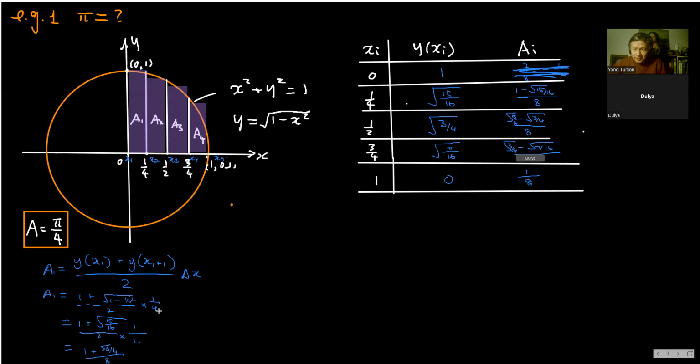Oh, yes, that's right. You have to use not the difference between squares, but the square root as a whole, right? It's quite different. Yeah, it's different between two square roots. That's right. You're right.